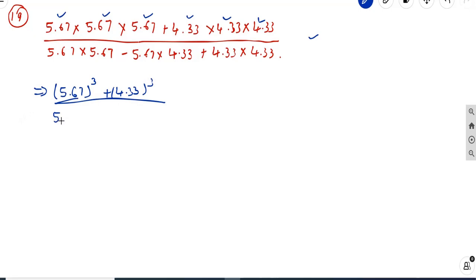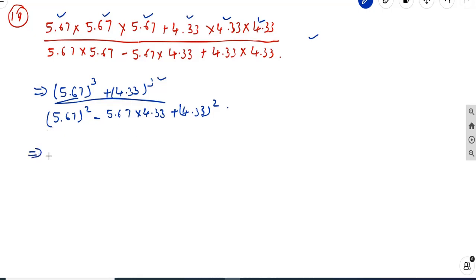Then the denominator is 5.67 square minus 5.67 into 4.33 plus 4.33 square. Now the numerator is in the form of a cube plus b cube.